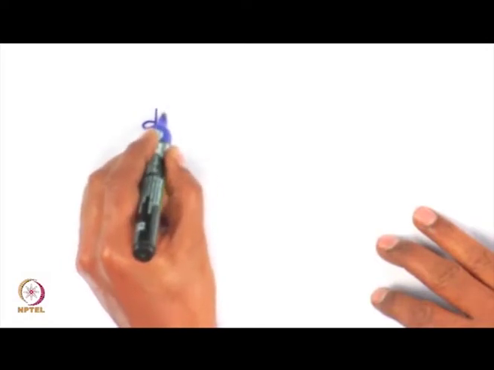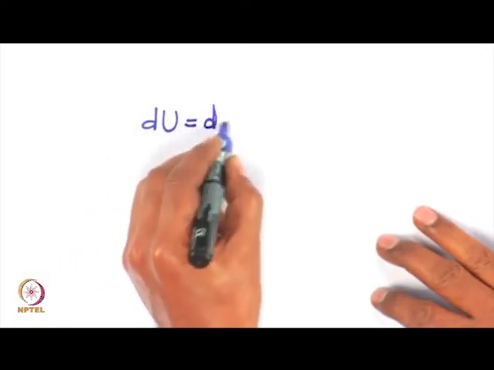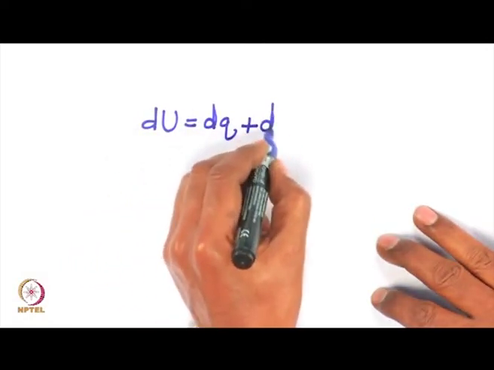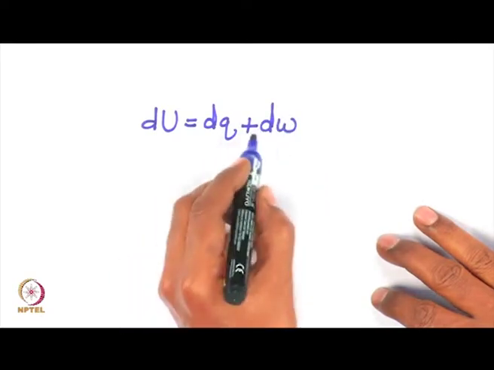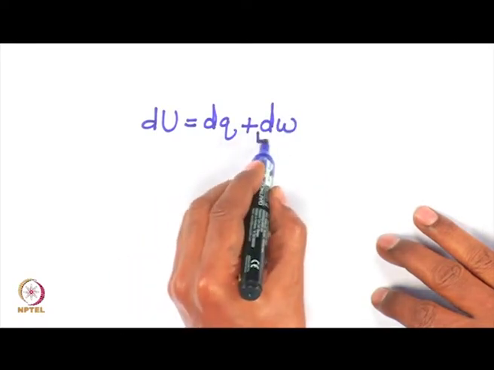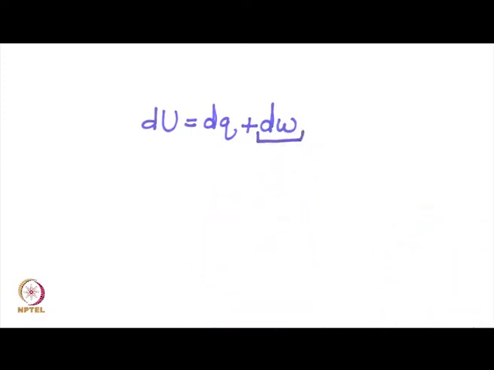What I am trying to say is that we have dU is equal to dq plus dw, and if we do not draw any work from the system, that is, the system is not allowed to do any non pressure volume work or pressure volume work.